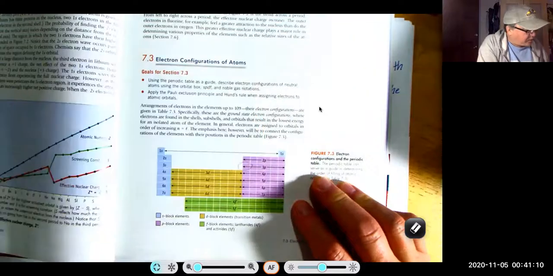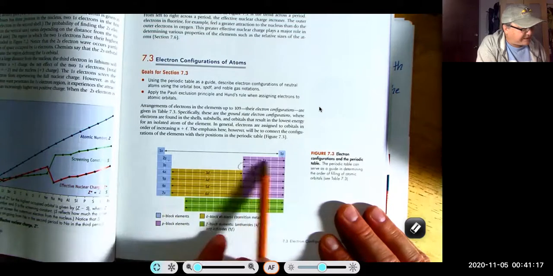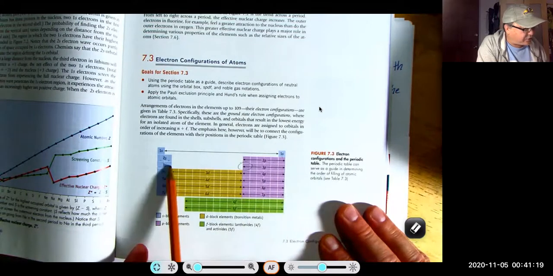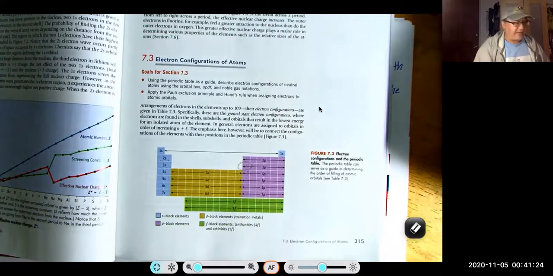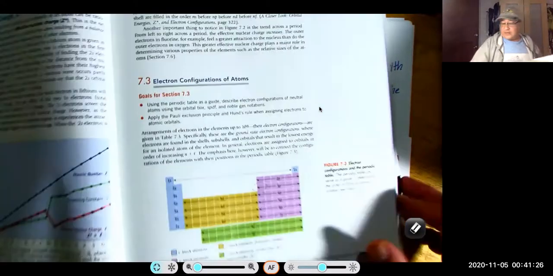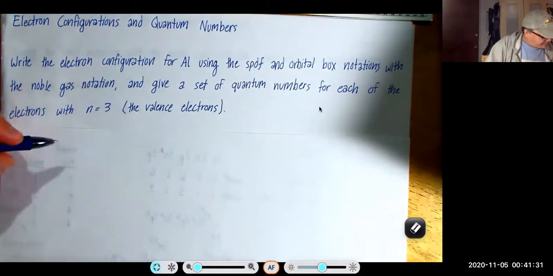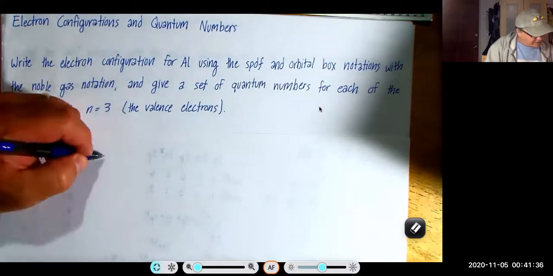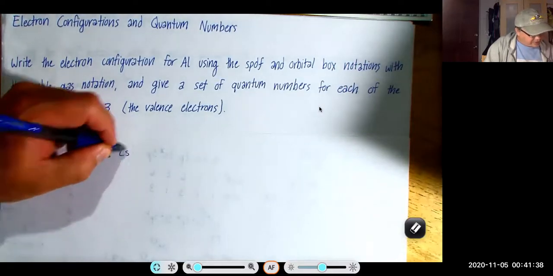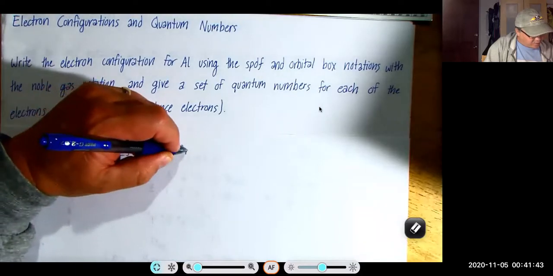If we read across, we'd read 1s2, 2s2, 2p6, 3s2, and 3p1, because aluminum is the first element in the 3p block. So let's write that down now. For aluminum, the SPDF, we would write 1s2, 2s2, 2p6, 3s2, and 3p1.